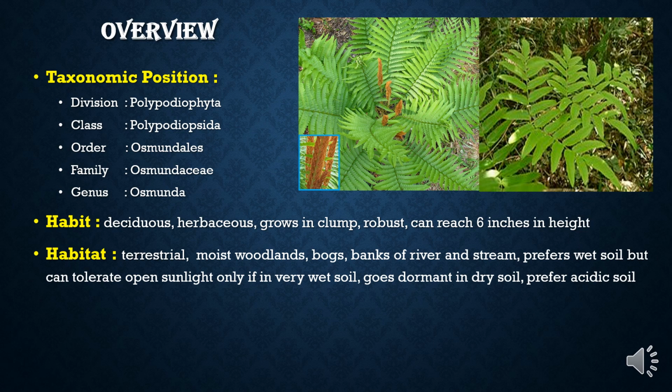Taxonomic position of Osmunda. Osmunda belongs to division Polypodiophyta, class Polypodiopsida. This division and class are common to all the ferns, and the order Osmundales contains the leptosporangiate ferns. This order has a very characteristic feature: the sporangia are borne on naked fronds.